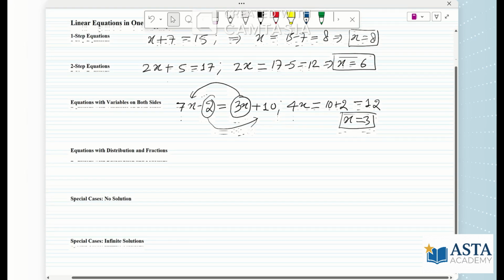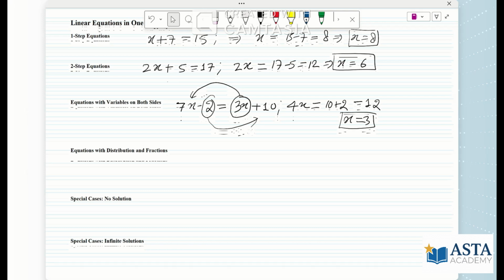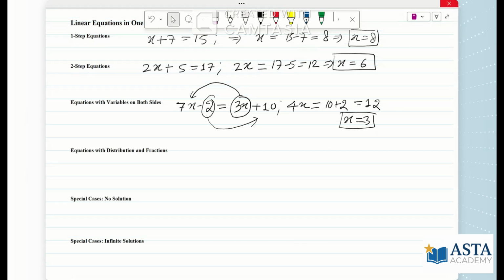Now you may have an equation which may require you to use the distributive property. All right, so let's say you have an equation of something like this to be solved: 3 brackets x minus 2 is equal to 18.